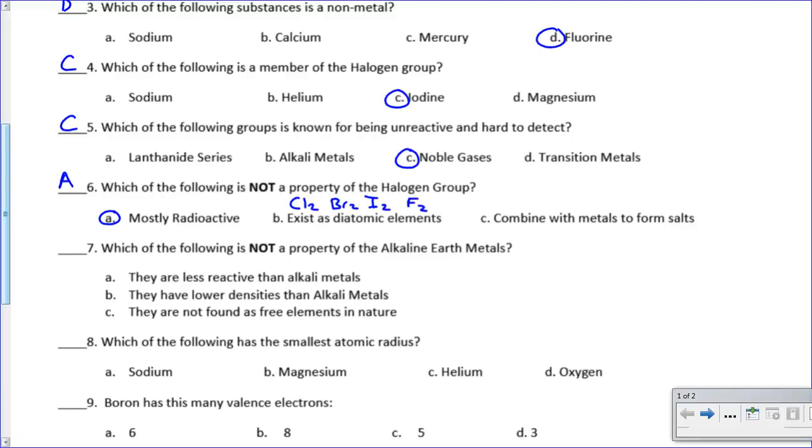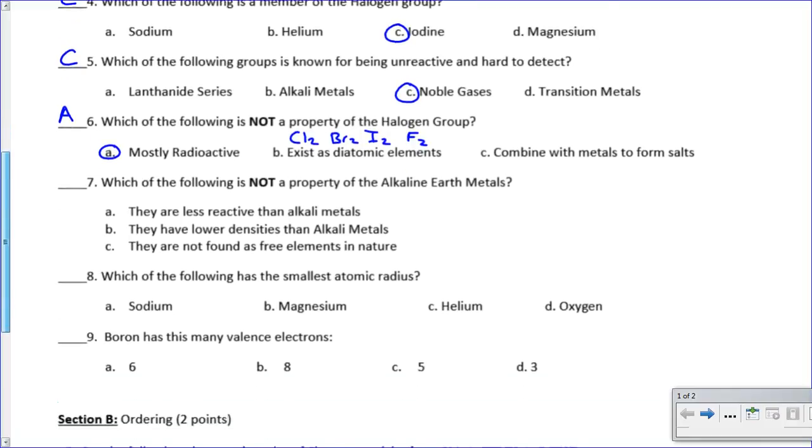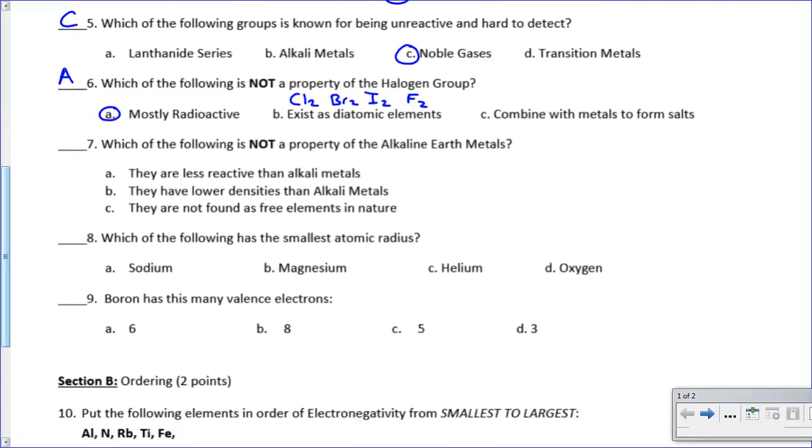So in nature, when you find chlorine, it's bonded to another chlorine atom, so two of them together, coming in pairs. And they do combine with metals to form salts, like sodium chloride is a salt of sodium and chlorine, but potassium chloride is another one, calcium chloride, calcium iodide, those are all salts.